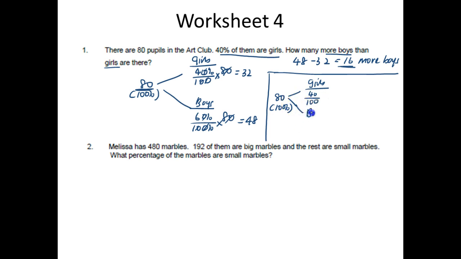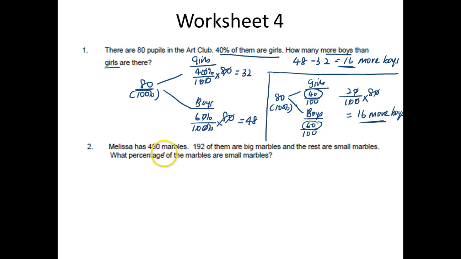My boys, 60 out of 100. I know that boys are 60, girls 40, so it's 20%. So 20% out of 100% times my 80 pupils altogether, and I will get 16 more boys.